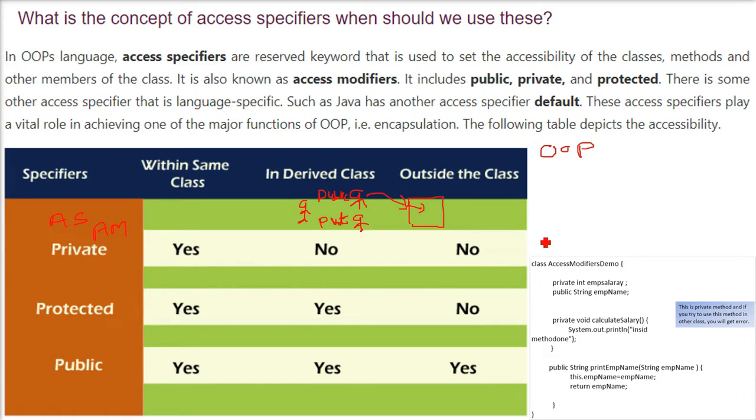These are keywords. Protected is all about when you use inheritance. There are other access specifiers that are language specific. Like in Java, there is another access specifier called default.